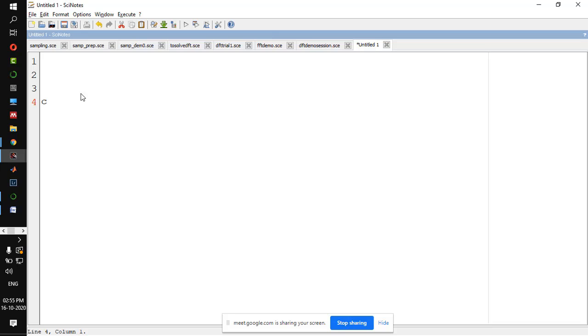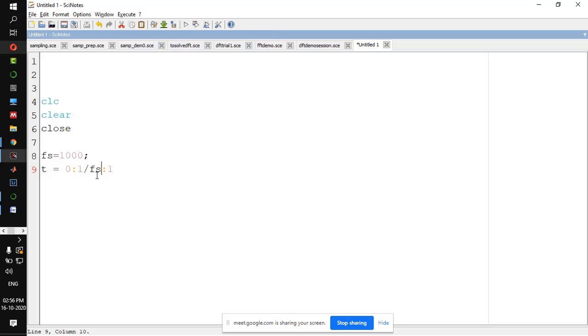So the first 3 lines are copied here. I'll take the sampling frequency as 1 kHz, and I'll define time, which varies from 0 to 1 second in a time step of 1 by sampling frequency.